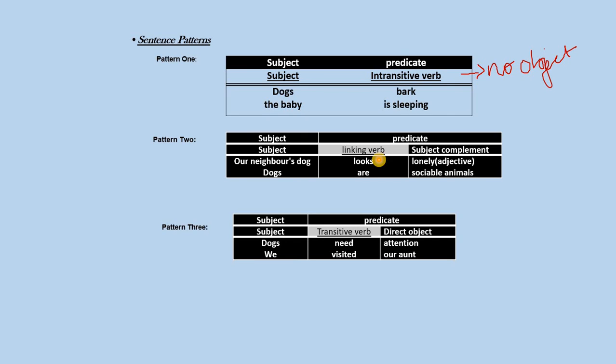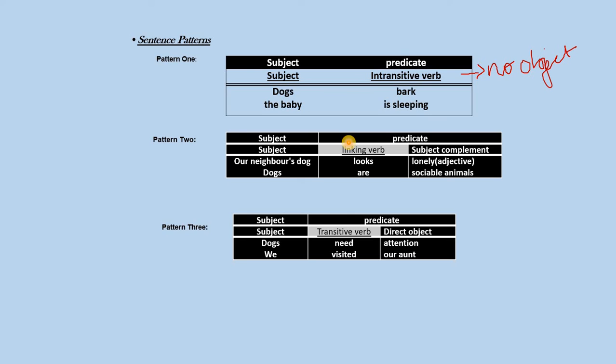Dogs are equal to sociable animals. So it is a linking verb in that sense. This is called a subject complement, which is normally preceded by a linking verb, as if to say this one is equal to this one.